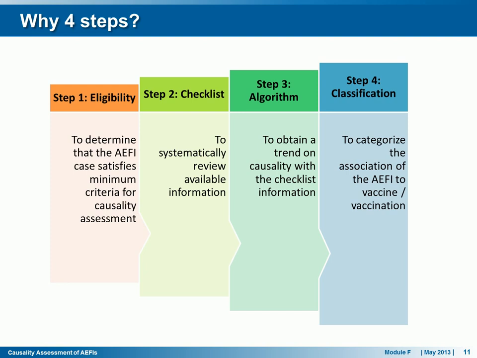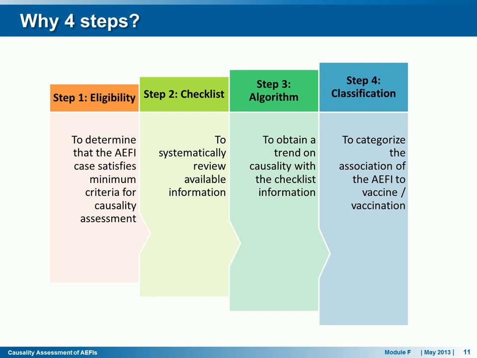Step 2, the checklist, is required to systematically review the available information. Step 3, the algorithm, is required to obtain a trend on the causality with the checklist information. And step 4 is required to categorize the association of the AEFI to the vaccine or vaccination.